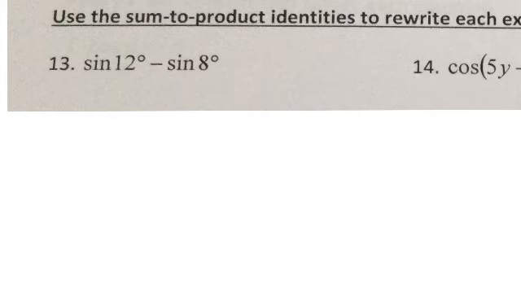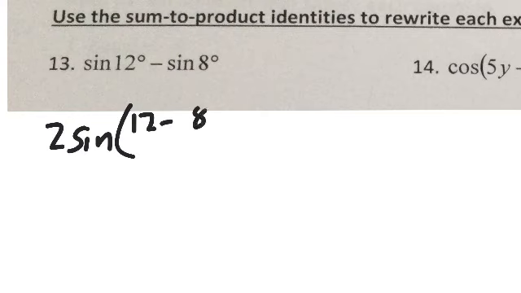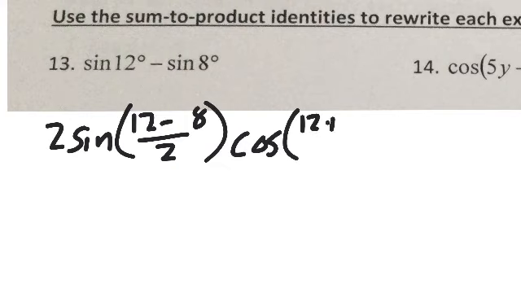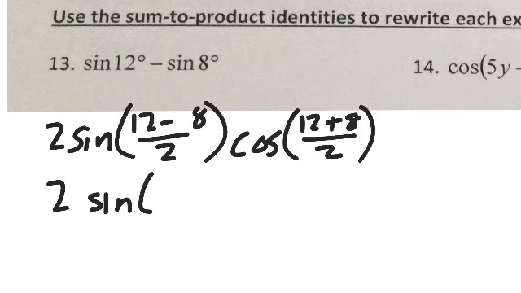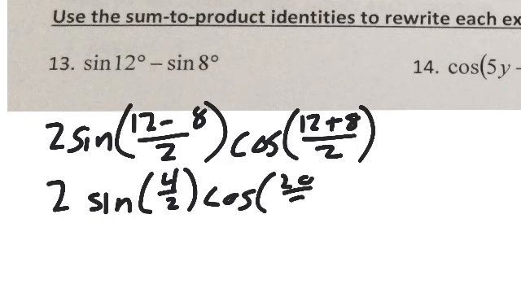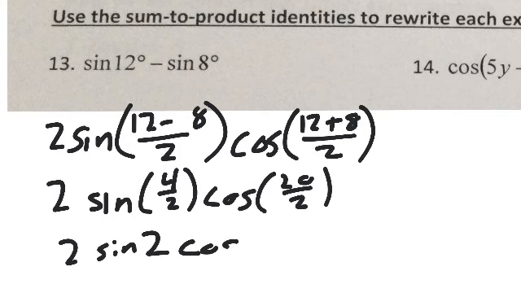So this can be rewritten as 2 times sine of x minus y over 2 times cosine of x plus y over 2. So this would be 2 sine of 4 over 2 times cosine of 20 over 2. So that's 2 sine 2 cosine 10.